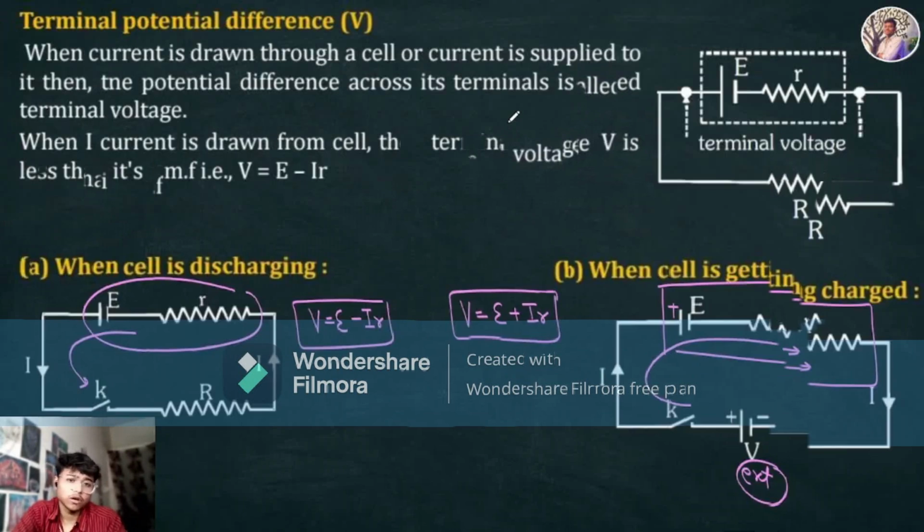And in the parallel combination, it is just the opposite of it. I've written it clearly. It is E equivalent divided by the sum of E1 upon R1 plus E2 upon R2 up to En upon Rn.